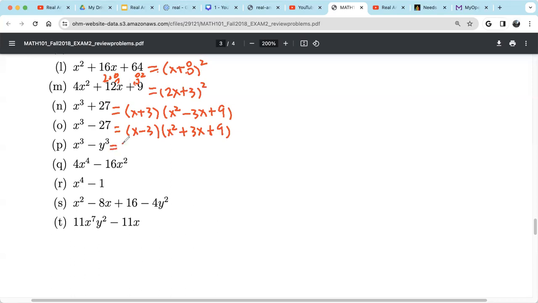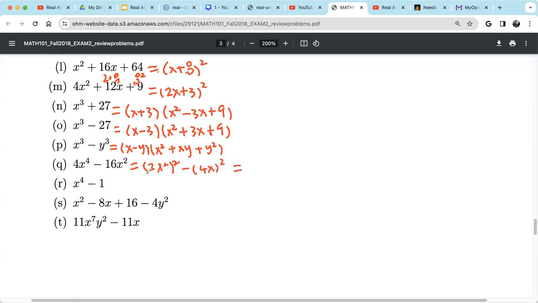X cubed minus y cubed, that's x minus y times x squared plus xy plus y squared. Okay. Difference of two squares. So this 4x raised to the 4 can be written as 2x squared squared, right? 16x squared can be written as 4x squared.